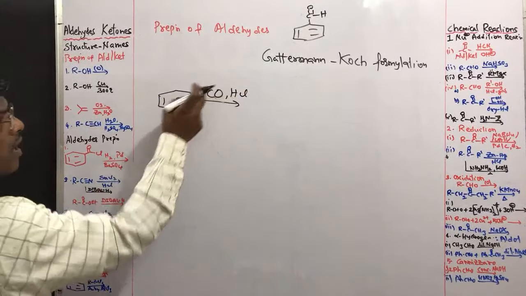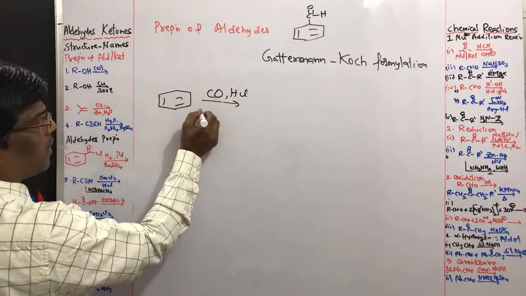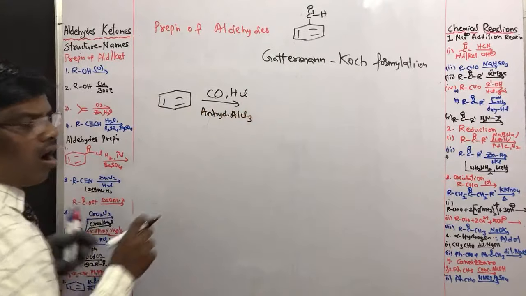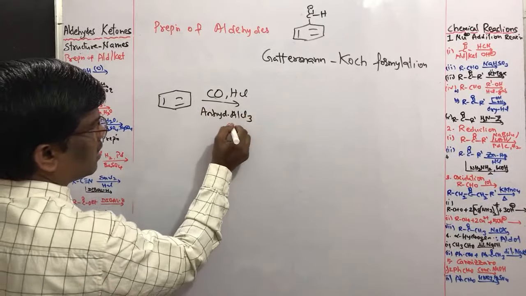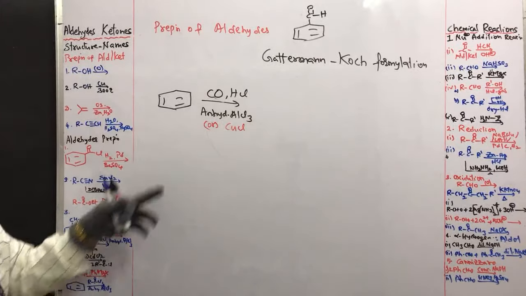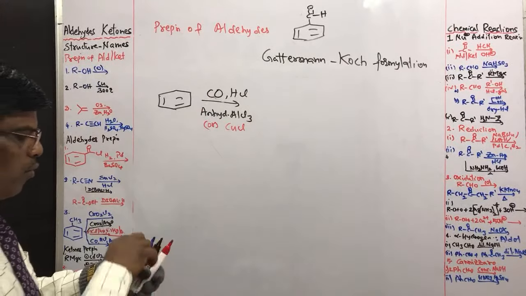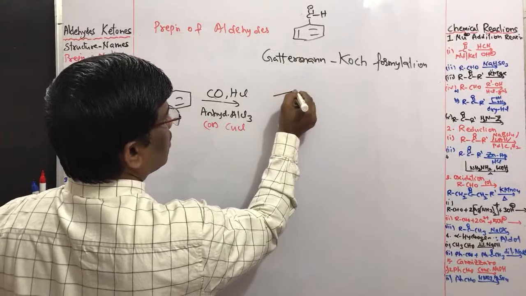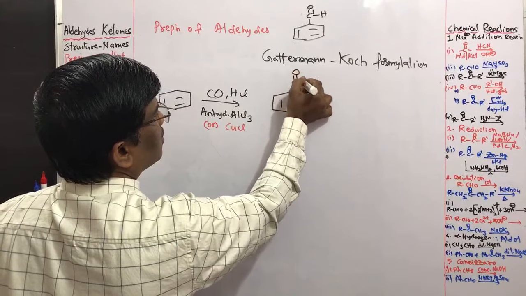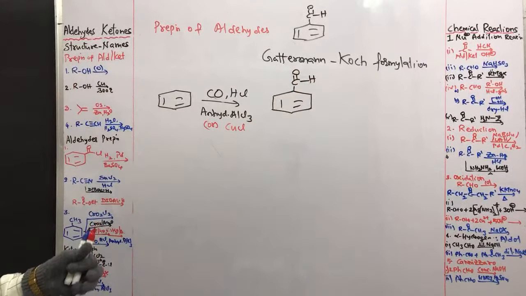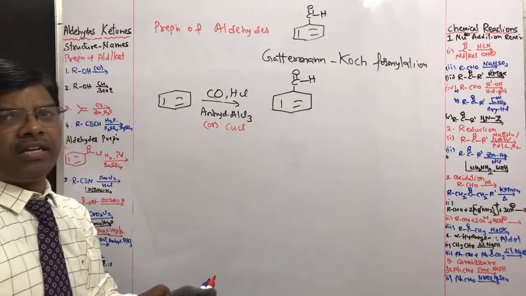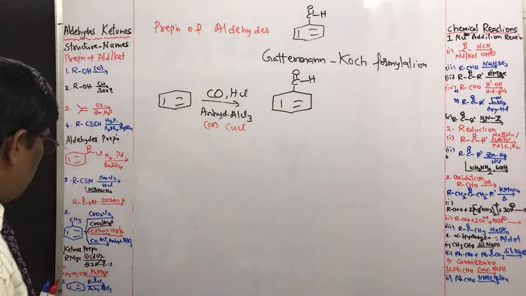So it takes up carbon monoxide in presence of anhydrous aluminum chloride, or I can use cuprous chloride, CuCl. Yes, so this takes up carbon monoxide to give benzaldehyde. Students, I have made a video on the detailed mechanism of this Gattermann-Koch formylation. You can go through that. That link I am going to give below this video.